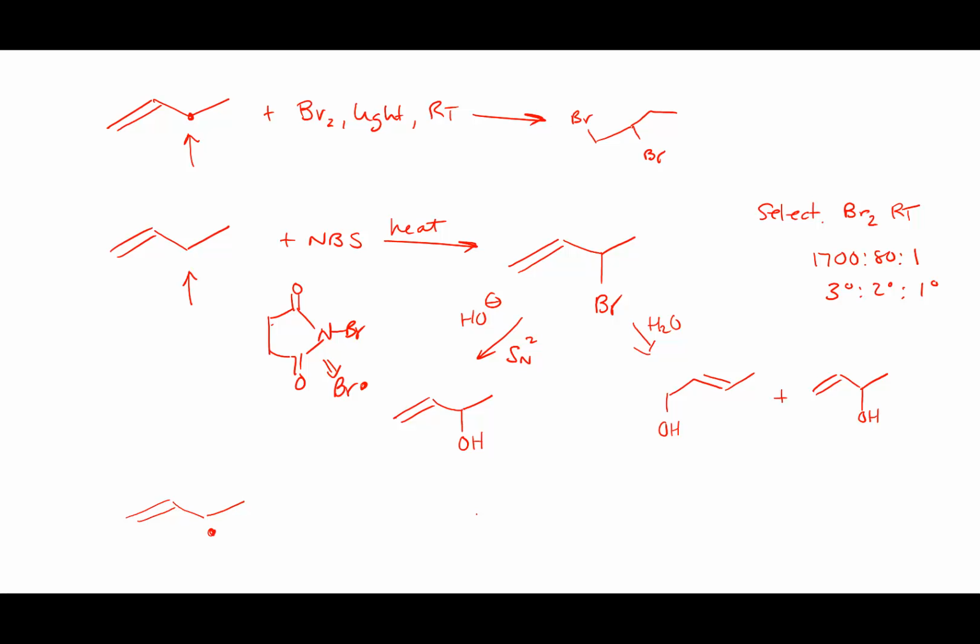So you can use NBS or Br2 and light to do free radical halogenation on an alkane. Either one of those would be okay. But when you have a double bond and you want to brominate at the allylic position, you need to use NBS. That's what you need to do, and it's NBS and heat.